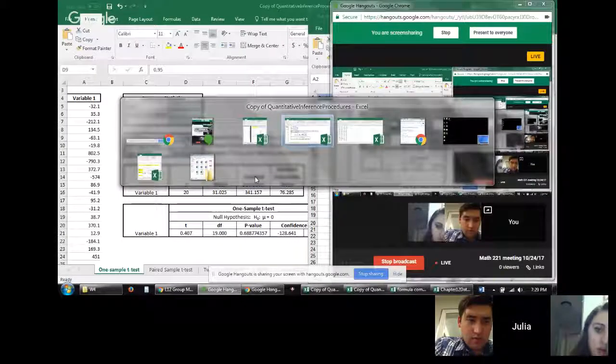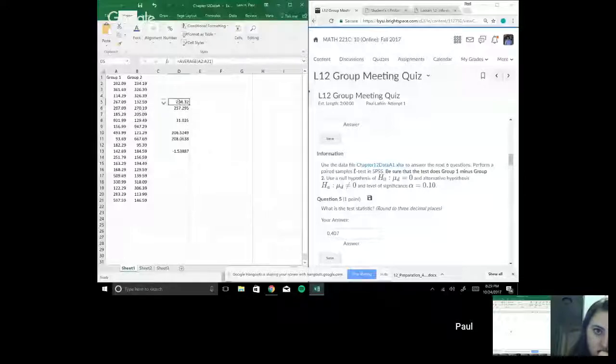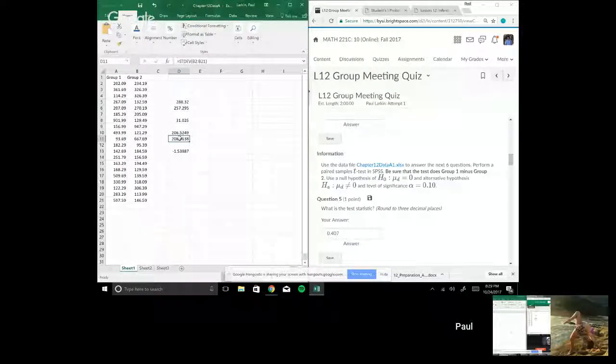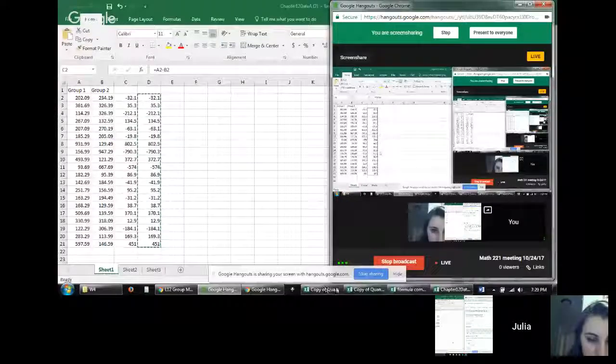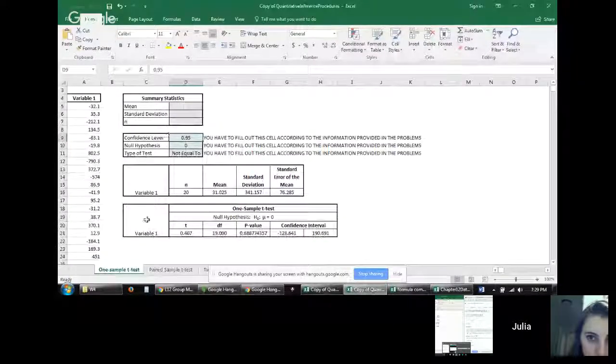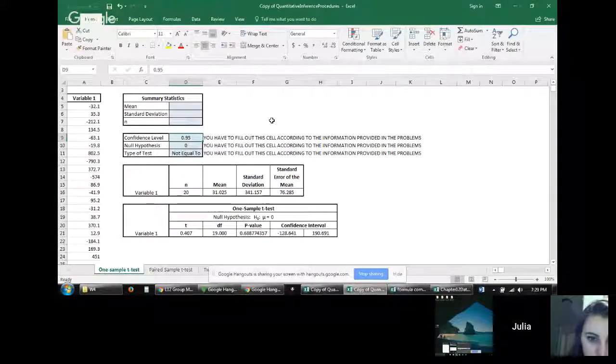Let me show you what I did. This is a hard one. What I did over here is I just did the standard deviation for this column and the standard deviation for this column, and then I subtracted them, and I got this. I input it into the Excel sheet that they just gave us.